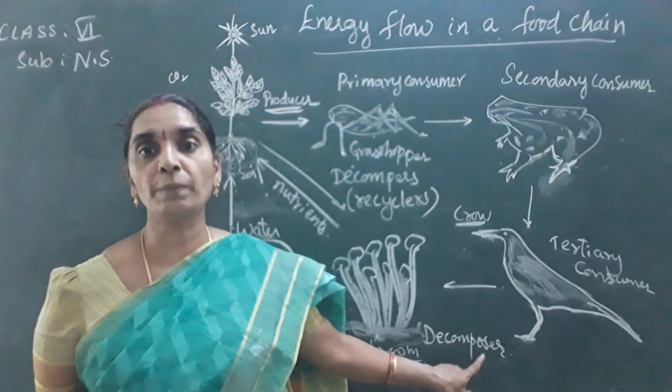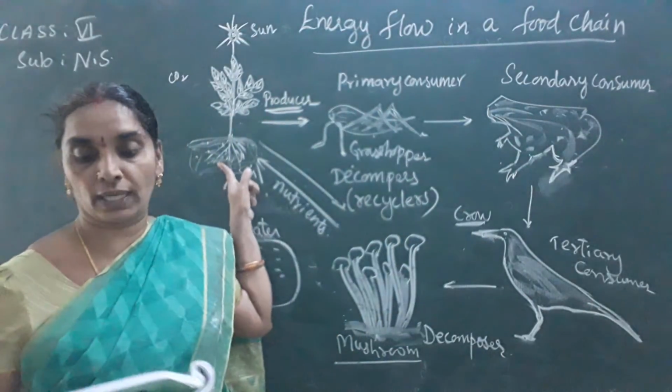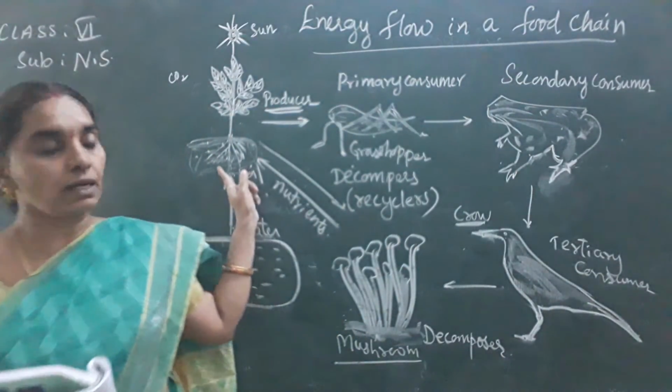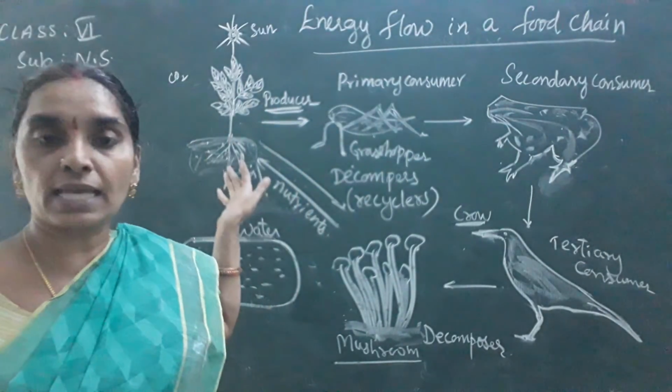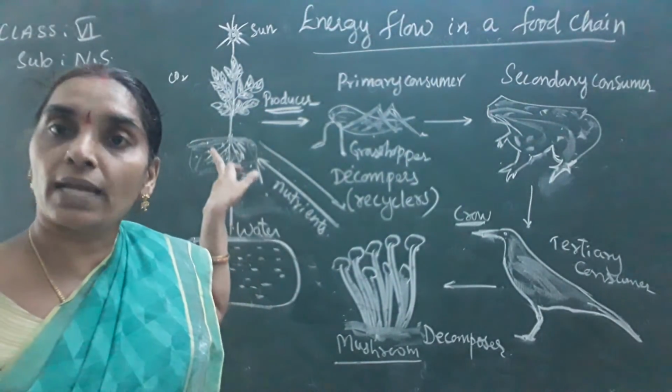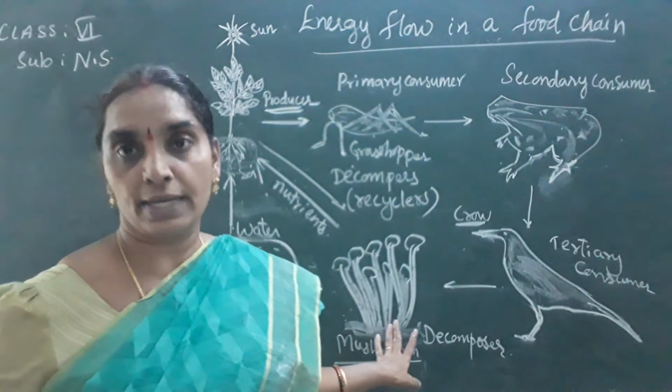They break the complex substances into simple substances that go into the soil, and these are used by the plants again. So they help in recycling of the nutrients. Decomposers are called recyclers.